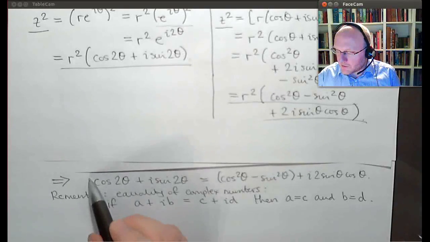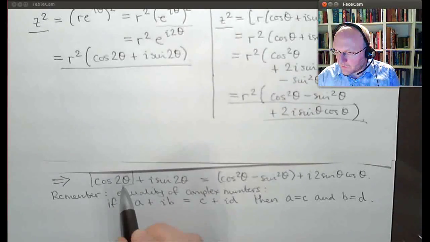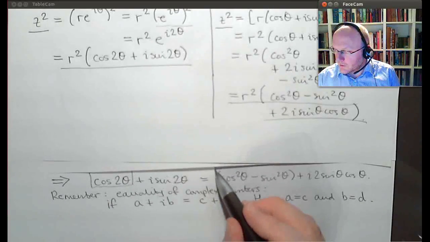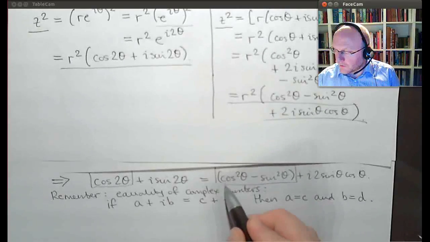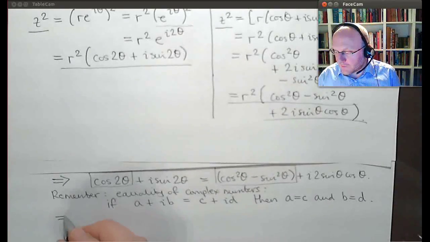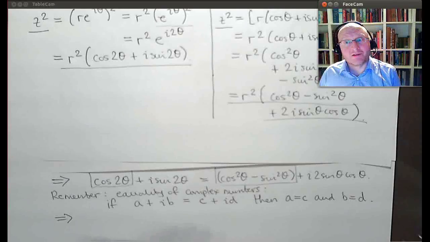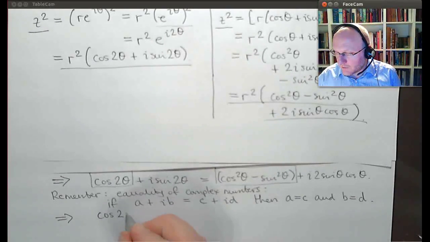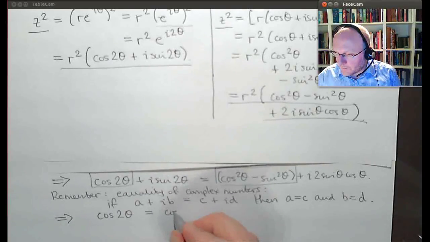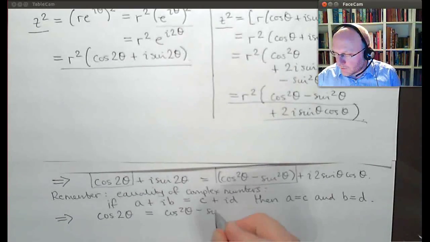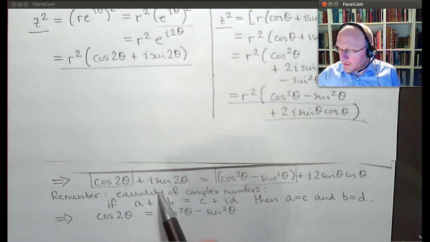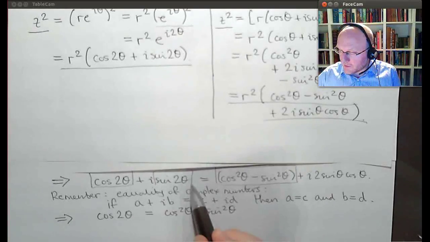So applying that to the expression that we deduced above, the real part on the left hand side, which is cos 2 theta, must be equal to the real part on the right. And we've deduced our first trigonometric identity, which is commonly found in formula books, which states that cos 2 theta is cos squared theta minus sine squared theta. What about the second identity? Well, we can get that by equating the imaginary parts.